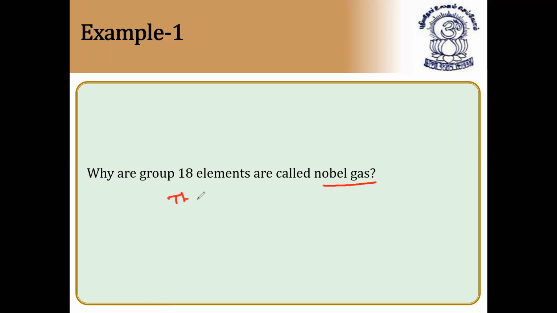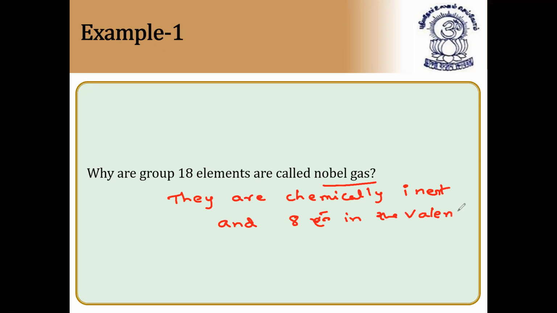Because they are chemically inert, and have 8 electrons in the valence shell, or outermost shell, except helium. This gives them stability, and they are stable.